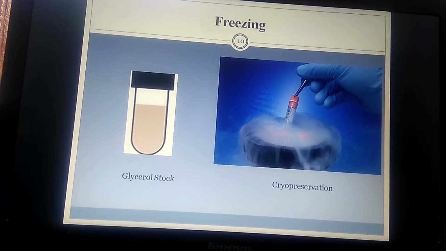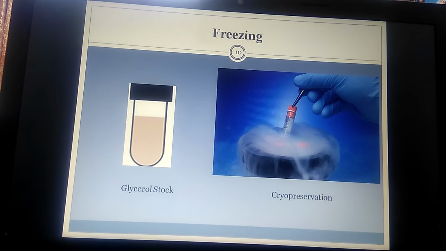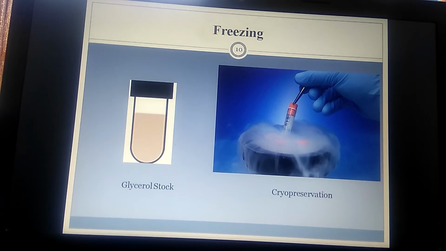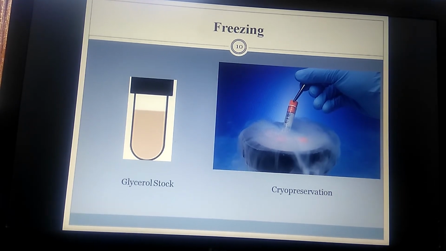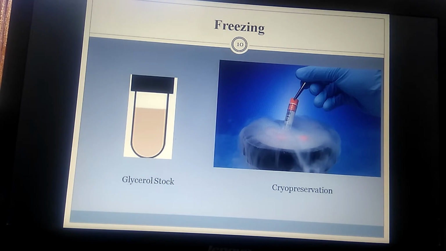Why we are adding glycerol is, it is also called a cryopreservant or cryoprotectant, which will protect the cells from the colder temperatures. This glycerol is produced by many fishes and many organisms to protect themselves from the colder regions.